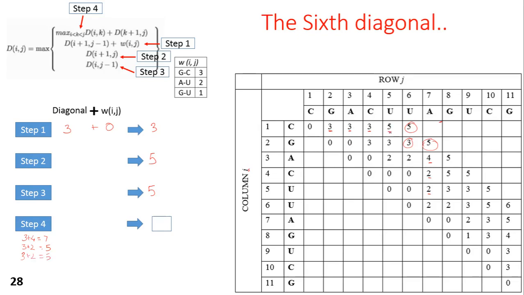Then we have added 5 with 2, that is 7. So we have 4 values over here for comparison: 7, 5, 5, 7. What is the maximum of all these 4 values? 7. So the value for step 4 would be 7. Now we need to decide what is the maximum value from these 4 steps, that is 7. Therefore we would populate this box with the value of 7.